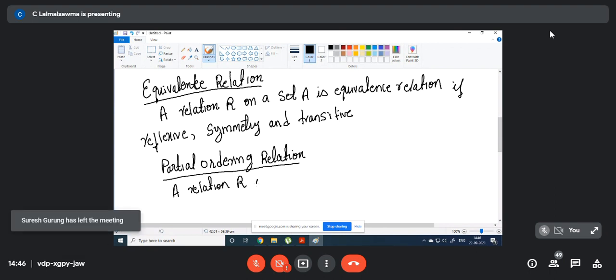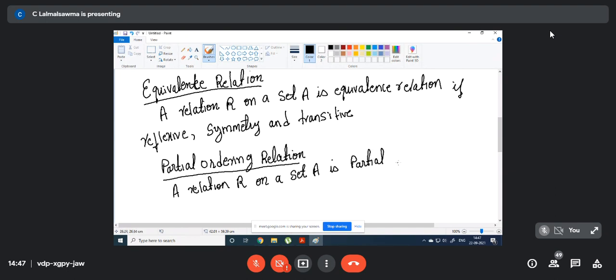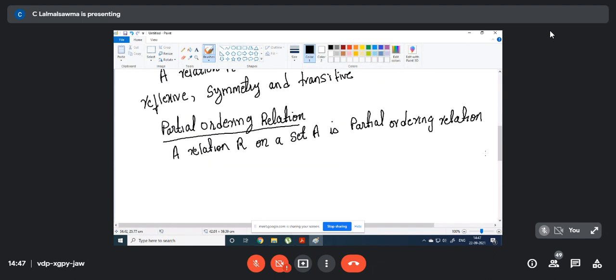A relation R on a set A is a partial ordering relation if it does not have the three properties, but it still satisfies reflexive, and this term is different, antisymmetry, and transitive.